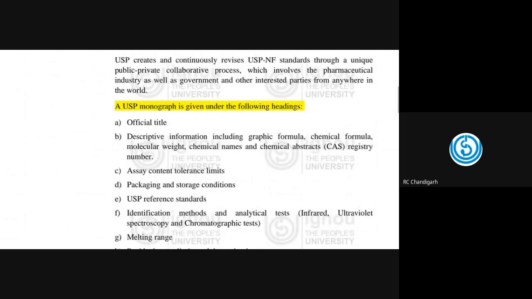Official title, descriptive information including graphic formula, chemical formula, molecular weight, chemical names and Chemical Abstracts registry number.